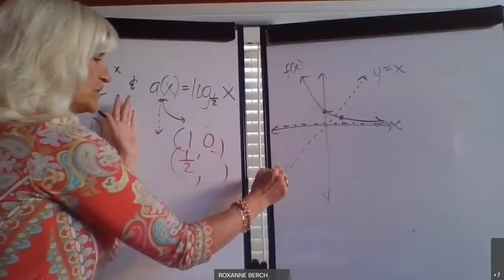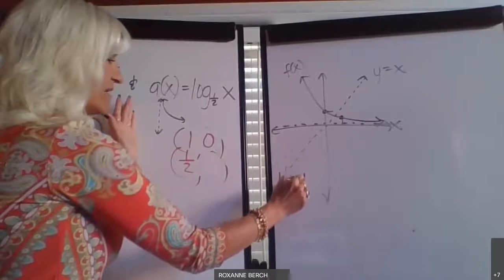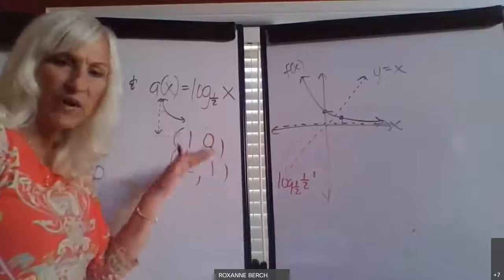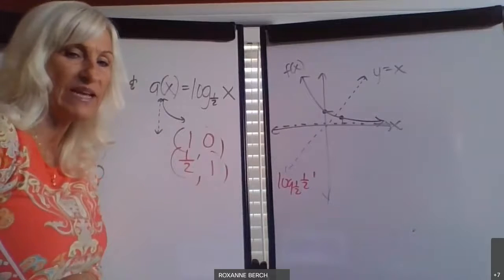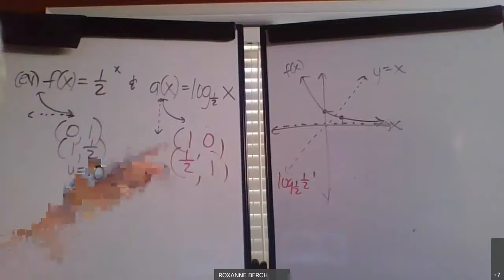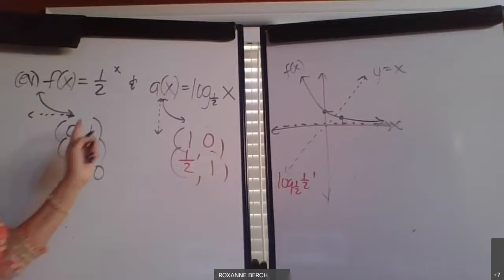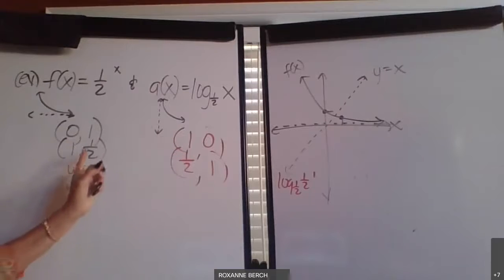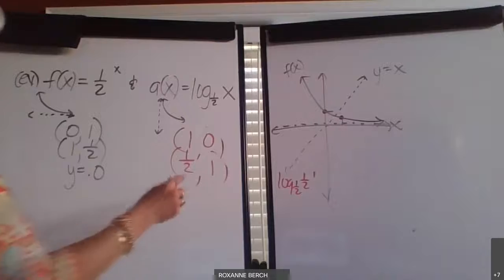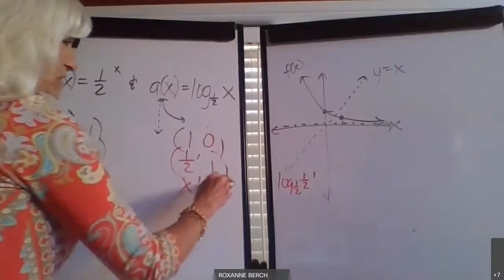So log base a half of a half to the 1 is 1. So you're getting these points according to the properties we looked at yesterday. And here's the deal. Switch, that's what inverses do. So instead of 0, 1, it's 1, 0. Instead of 1, 1/2, it's 1/2, 1. So inverses switch, and the asymptote is vertical.